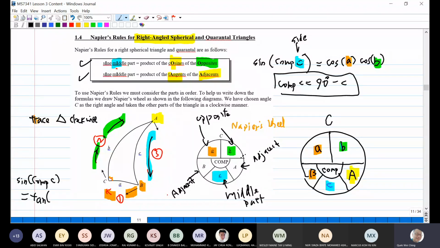Because it's in the lower half, the adjacent sides, one of them is A, one of them is B, right? So com A, then tangent of com B. Tangent of com A. No space here, let me write somewhere else.